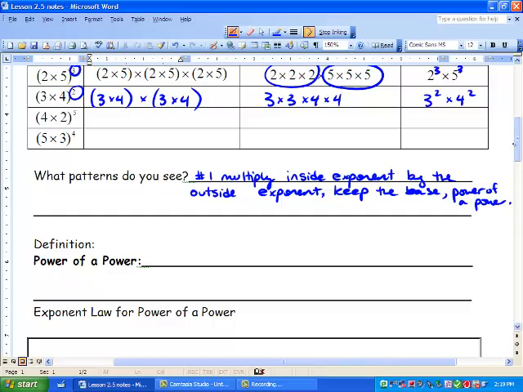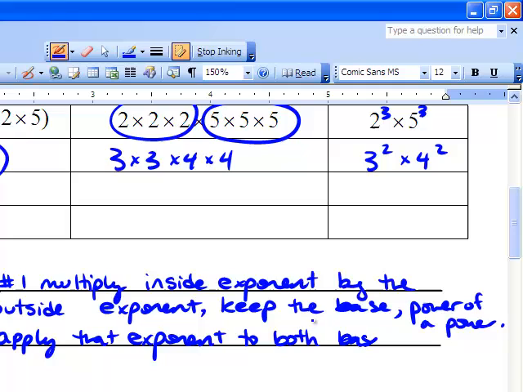And for our second example there, we keep the exponent and apply that exponent to both bases. To both bases. And this is called power of a product.